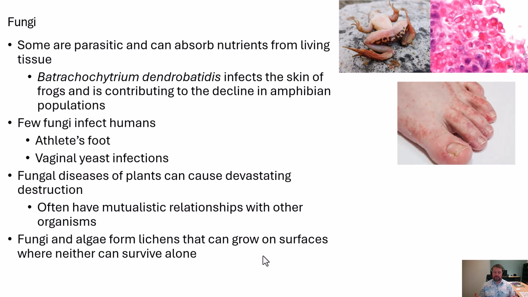But one of the neat systems that we have going on as a result of fungi, that for a microbiologist is maybe not as important as some of these other interactions, is an entire field, lichenology, or the study of lichens, that is dedicated to the interaction between two separate kingdoms.